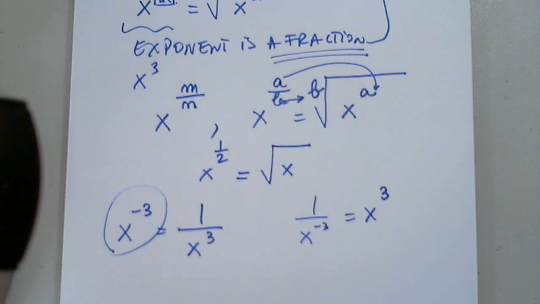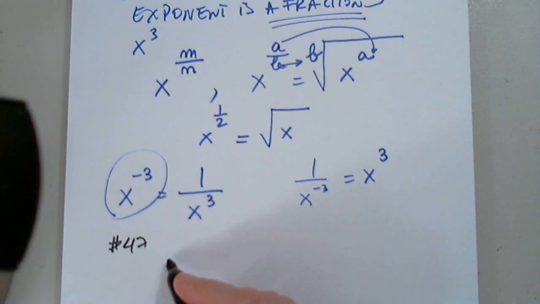And now let's choose from 45 through 54, whatever you think we should look at. If not, I will choose. Can we do 47? Yes, let's start with 47. Okay, 47 is y to 2/3. And they say present the radical notation.